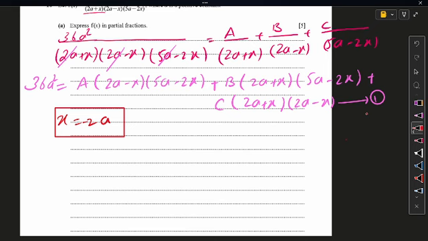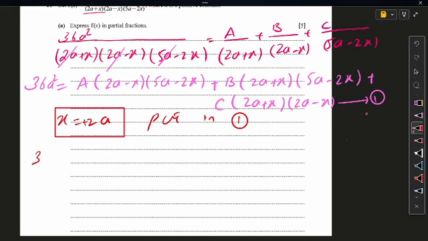If I choose x is equal to negative of 2a, then b becomes 0 and the value of a retains. If I choose x is equal to positive of 2a, once I put x is equal to positive of 2a, then see what happens. a zero, c zero, only b retains. For the first time I am choosing x is equal to 2a and putting it back into equation number 1.